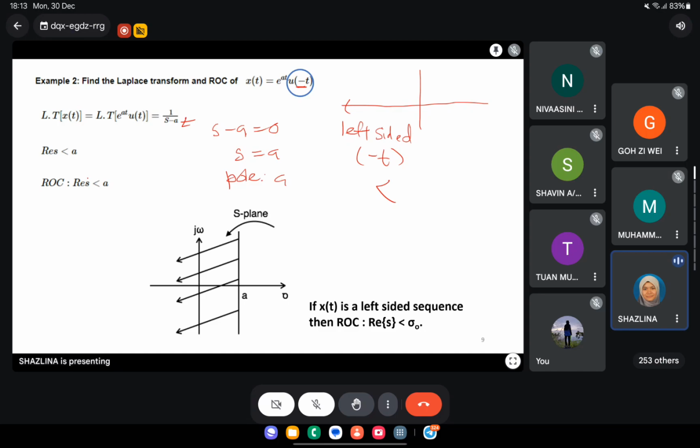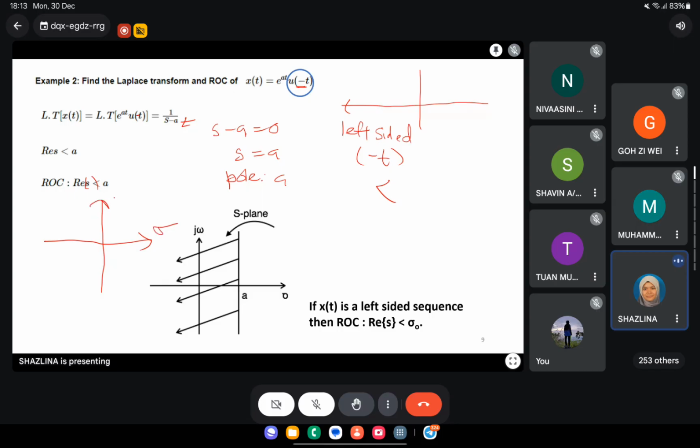So ROC, real S, for this u of negative t, is smaller than the pole, which is ROC smaller than A. So now you plot the pole first.